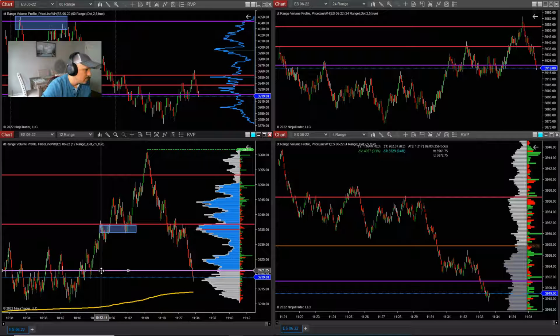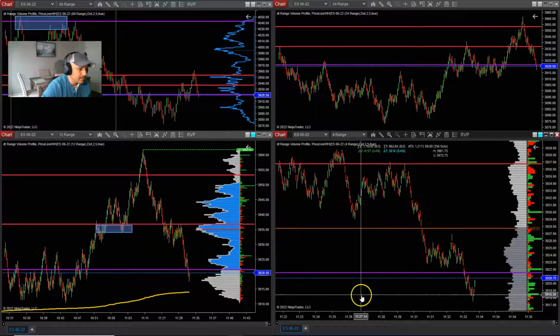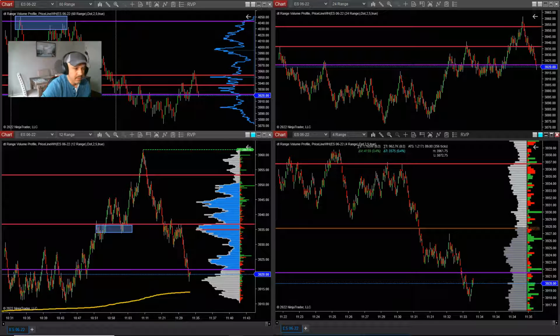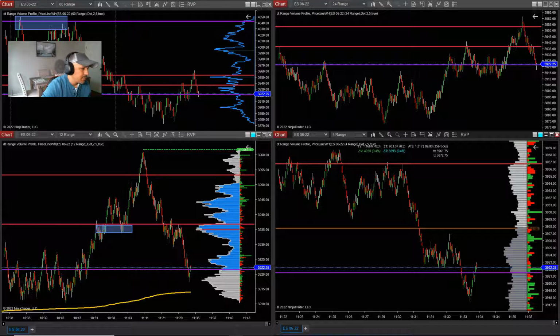Yeah. Even if price clears this area, I won't have too much area to really trade from, so I'm not going to trade this going long in any kind of way. Yeah, see, I knew price was going to do that right there.